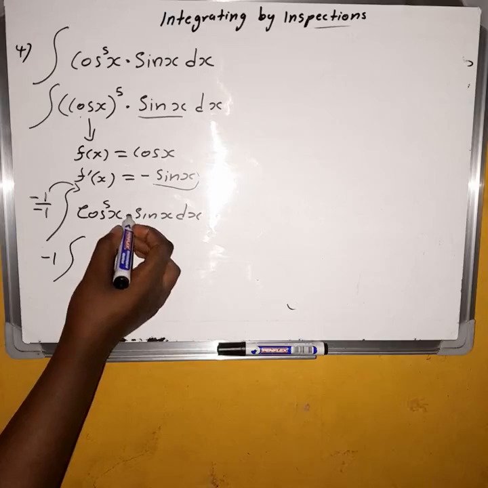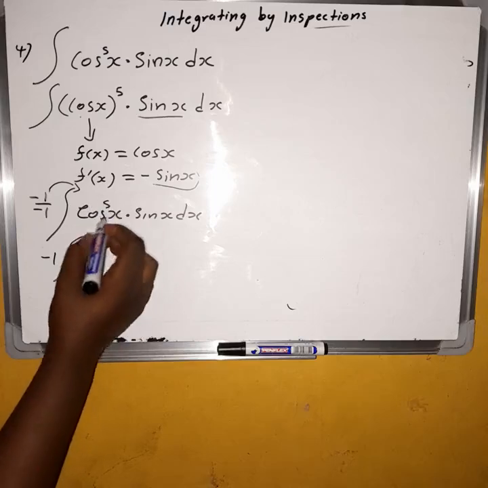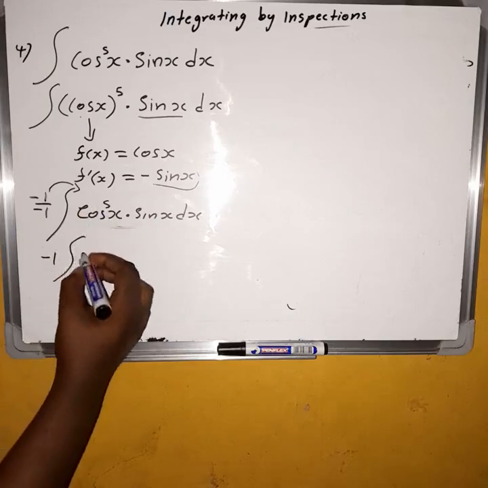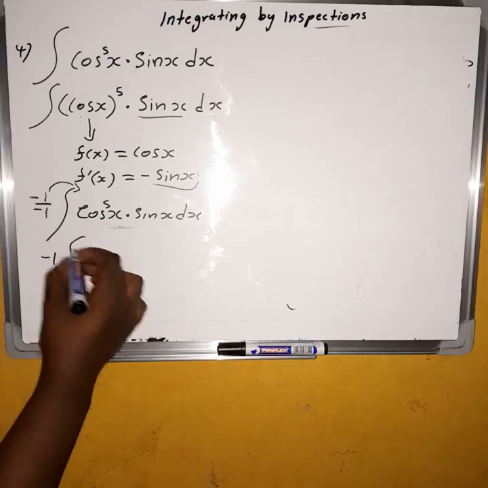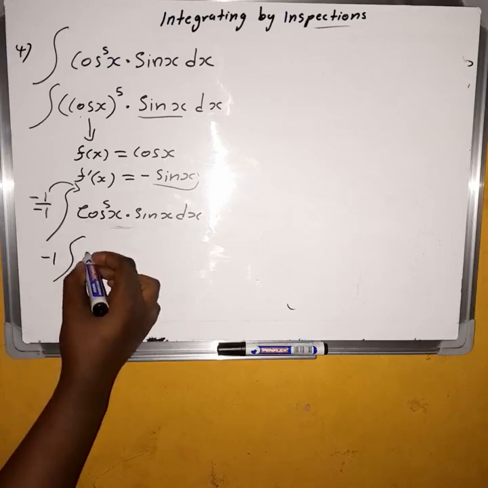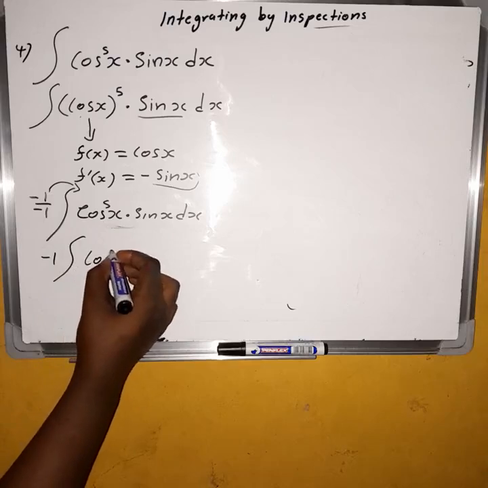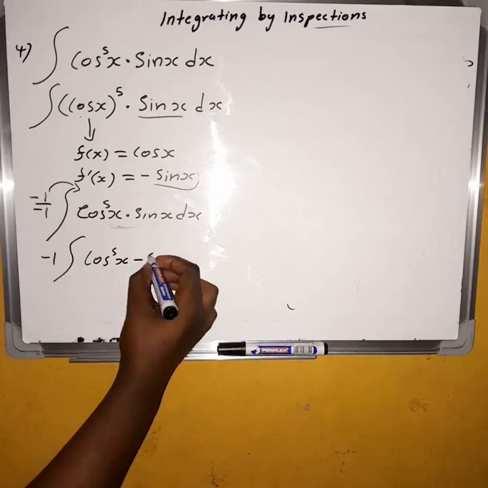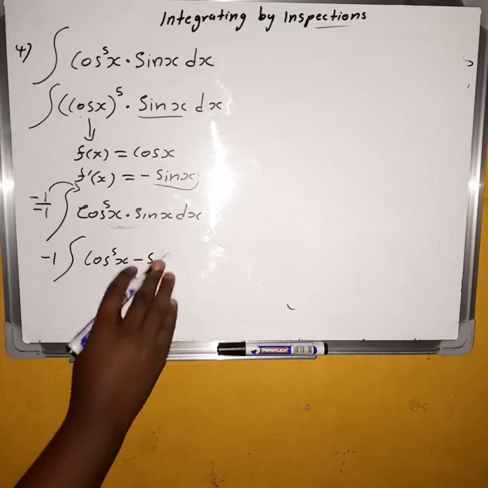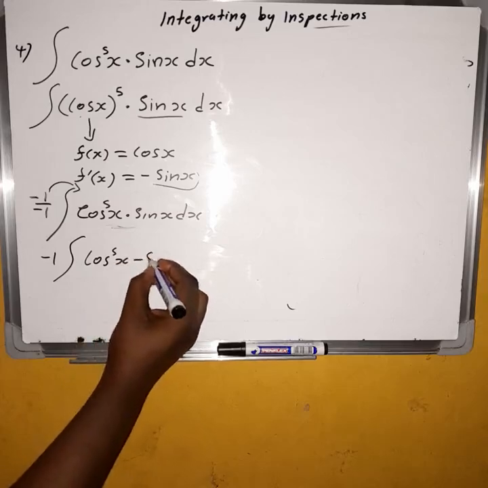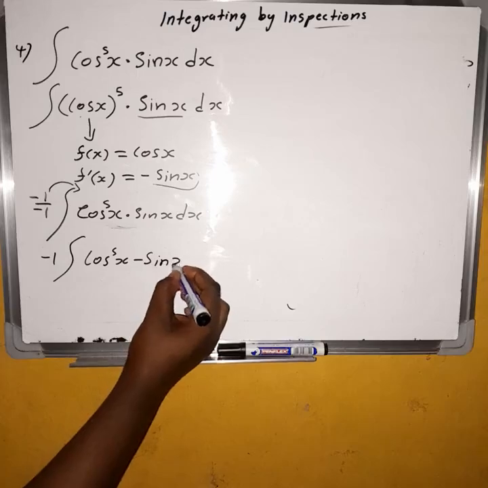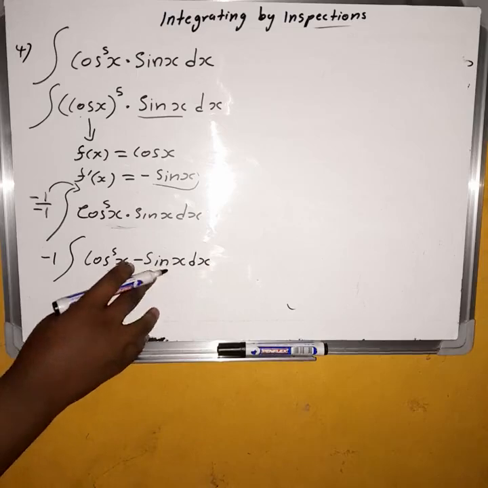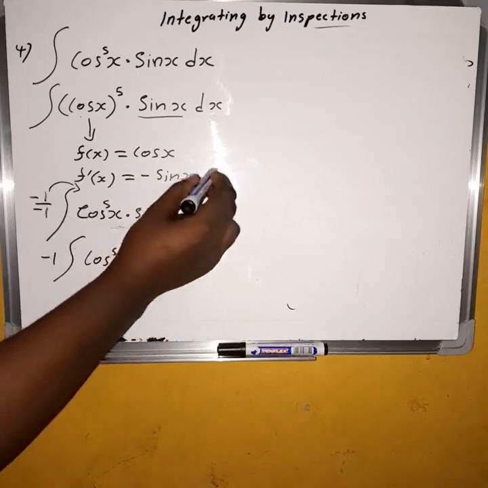You can rearrange this, the order doesn't matter. We'll have cos x to the power 5 multiplied by minus sin x. So now we have this, which is the same as this.